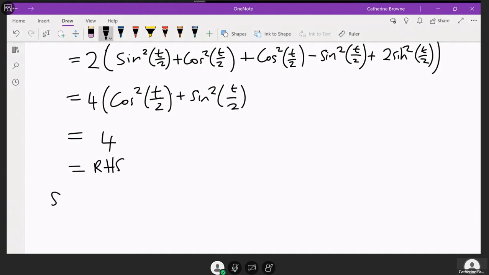So that means we've shown that the x of t and the z of t satisfy that line of intersection.